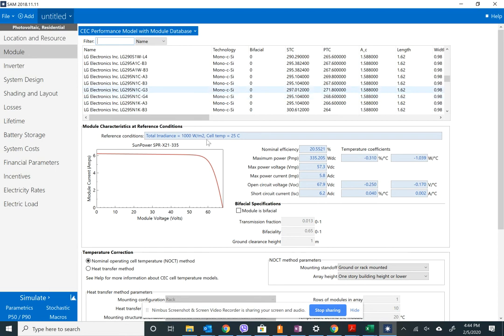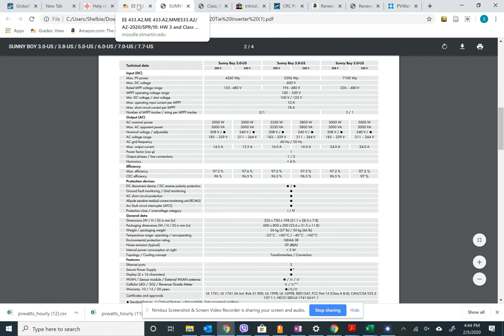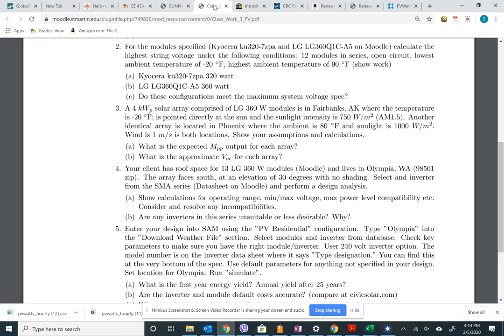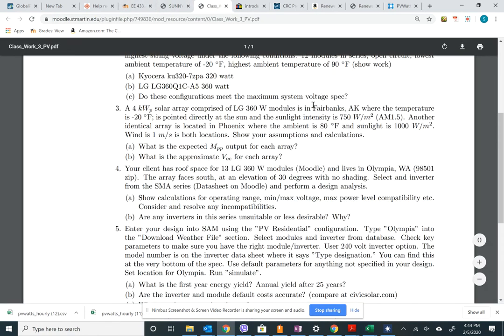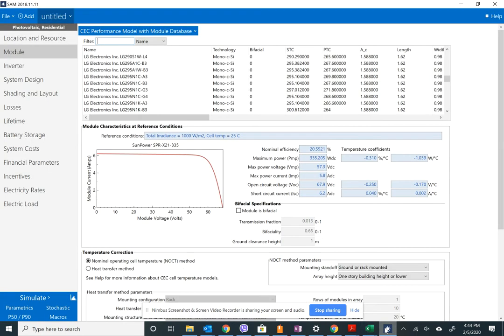Oh, I think it's in here. It's this one. Nope. Nope. This one. Yeah. LG 36Q1C A5. 3, 6.